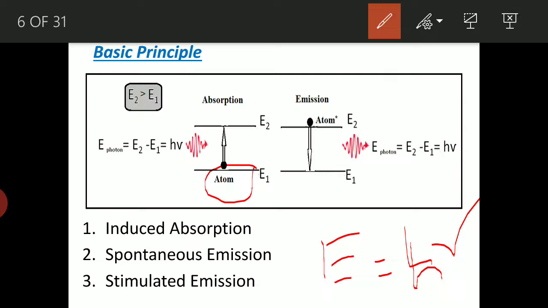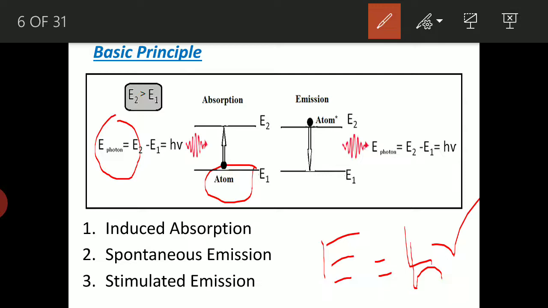That photon energy is E2 minus E1. That's why E photon is equal to E2 minus E1, which is equal to h nu.